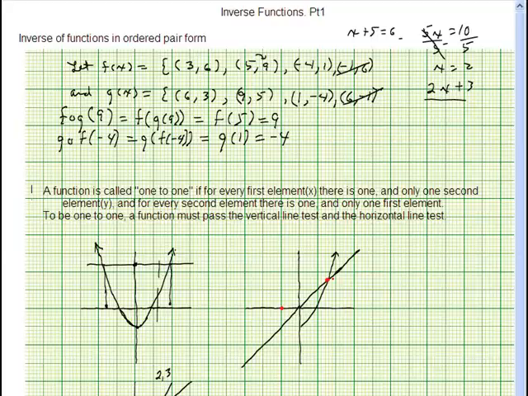Here it hits the line, so its inverse will hit the line. Here it ends up at 2, 3, so its inverse will end up at 3, 2. So if I draw the inverse of this function, I get this function. That's f of x. This is f inverse of x.